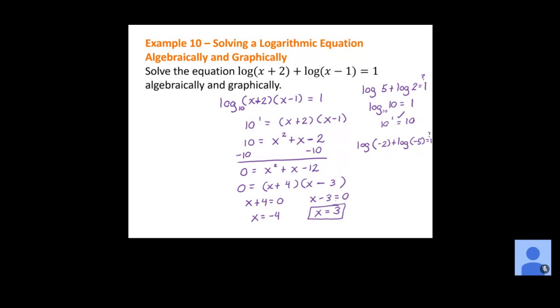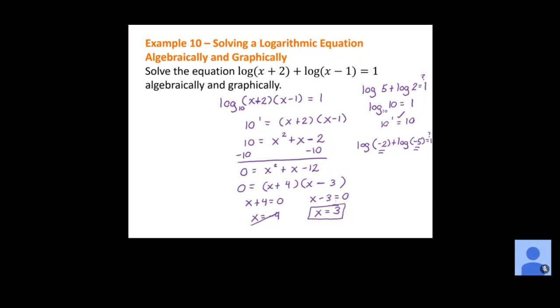What's wrong with that? You can't take the log of a negative value, right? And so as soon as we end up with those negative values inside the log here, we automatically have to say, okay, we can't do that. That's not going to work. And so this solution right here does not work.